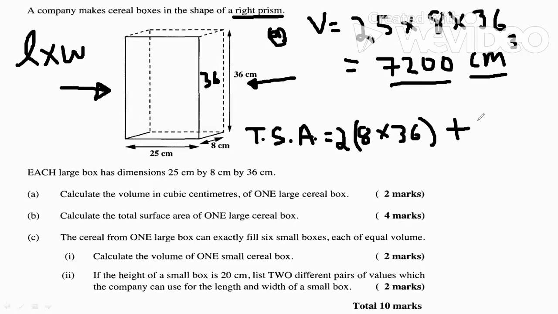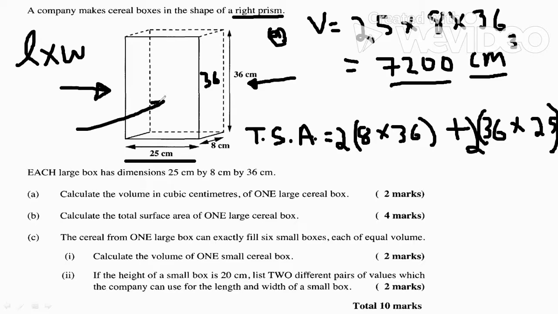So the length is also 36, multiplied by the width. What is the width? 25. All right, and then we're going to times that by what? By 2. And the 2 would represent the front part of the box and the back part of the box.